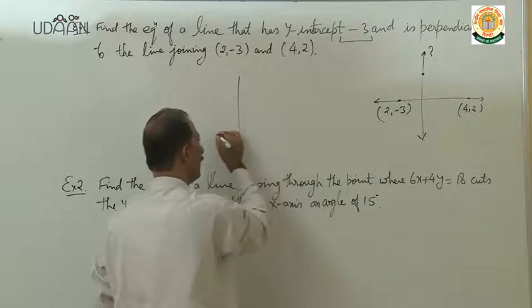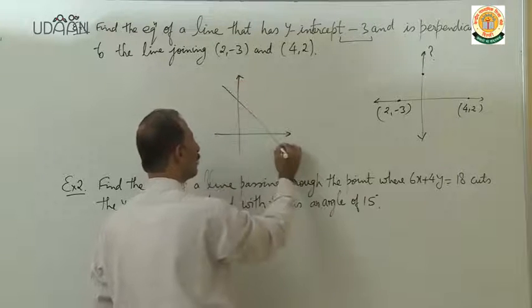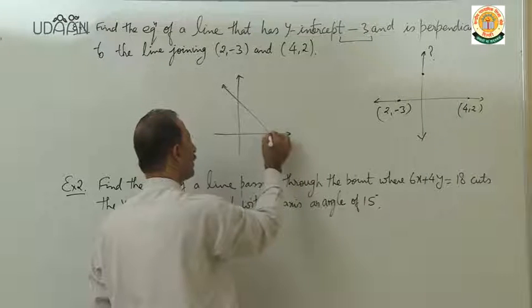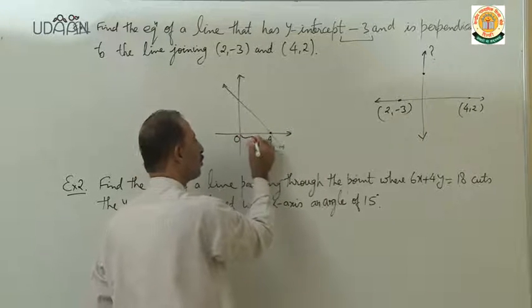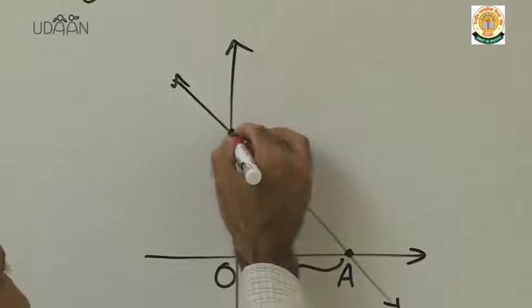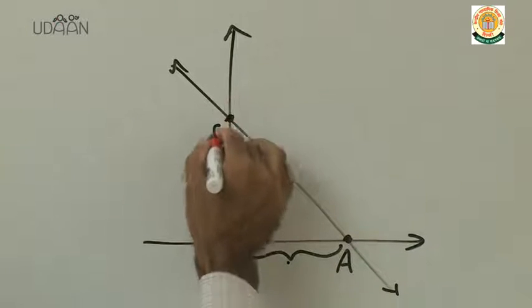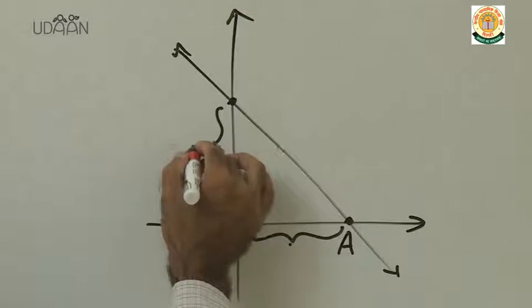If a line cuts the x-axis or y-axis, suppose this is the line cuts the x-axis at the point A, then the distance from the origin to this point is known as x-intercept. In the same way, the point where the line cuts the y-axis, the distance from that point to the origin is known as y-intercept.